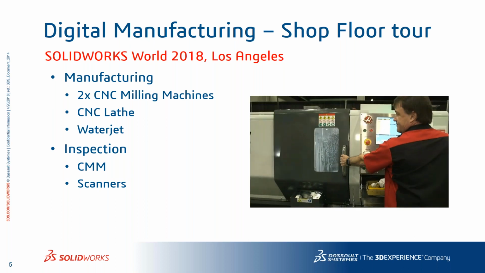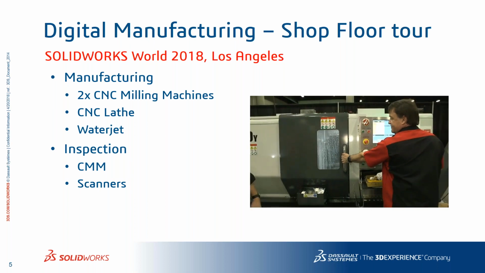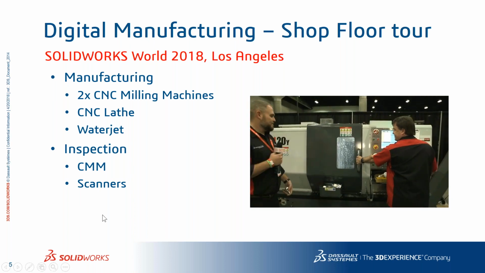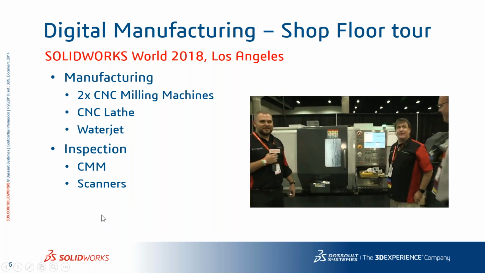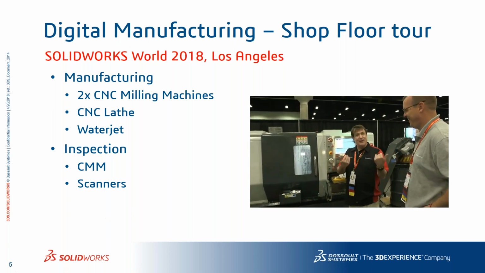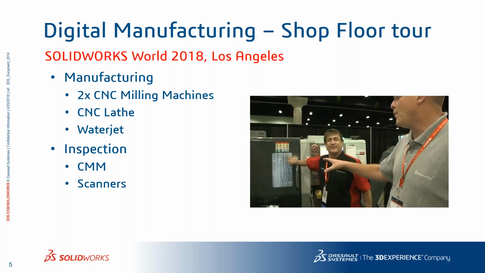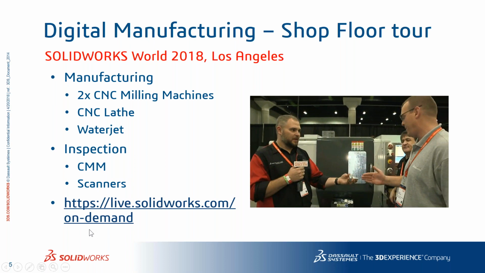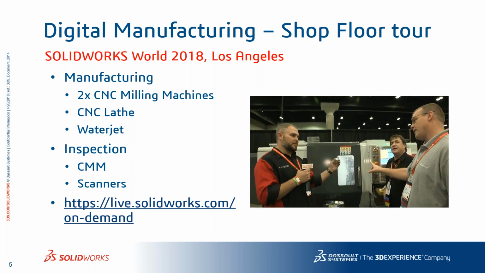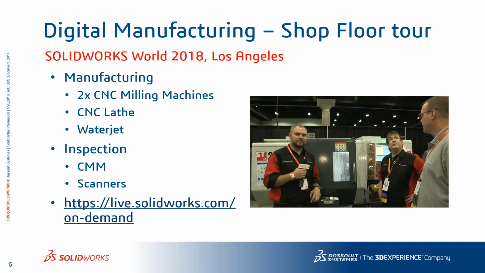The whole idea was to manufacture a shifter for the Ring Brothers car. If you saw the video at the beginning of these guys who do some custom parts for cars, that's the whole purpose of the walkthrough of the shop floor, to show you how that was done. You'll see the different machines that are listed here, and inspection that can be done as part of the process.